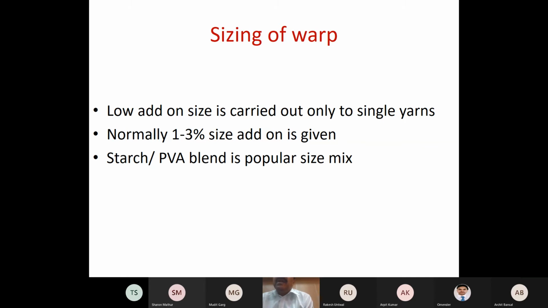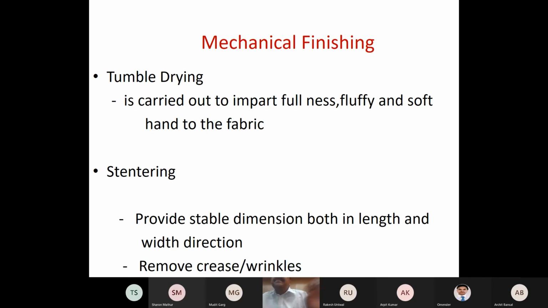Normally, a starch PVA blend is a popular size material for sizing the pile warp in terry weaving. After the fabric is woven, it goes through the normal process of desizing, etc., and washing. Then tumble drying takes place.